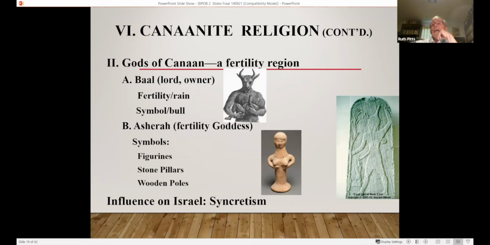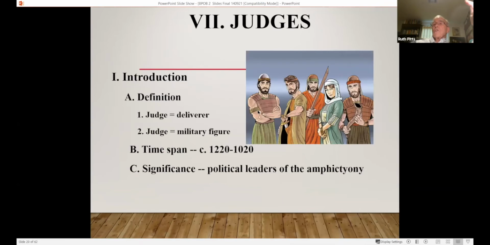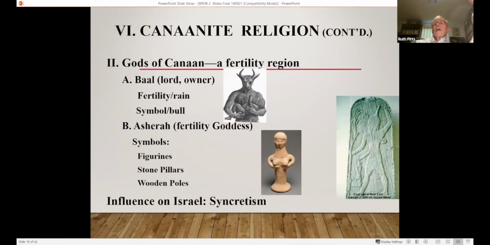The gods of Canaan, this fertility religion, were Baal, which is translated Lord or owner. He brings fertility and rain. His symbol is, if we can go back, Dan, the symbol is the bull because of its fertility and because of its strength. And his consort is Asherah, the fertility goddess.